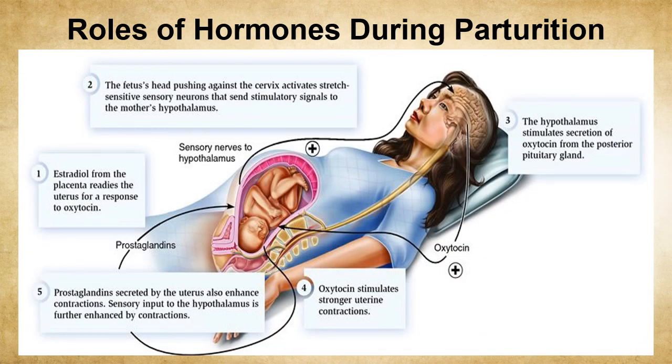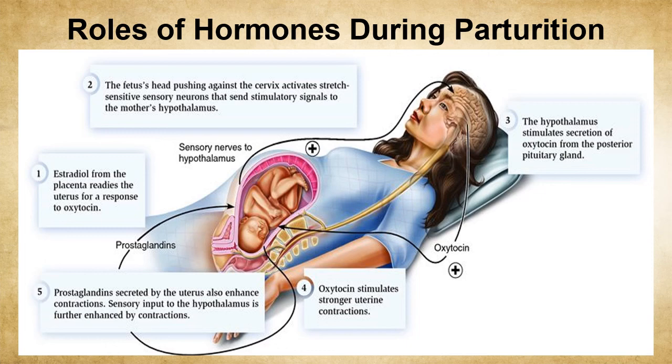Now let's look at this image here. Number 1: estradiol or estrogen from the placenta readies the uterus for a response to oxytocin. Number 2: the fetus's head pushing against the cervix activates stretch-sensitive sensory neurons that send stimulatory signals to the mother's hypothalamus.